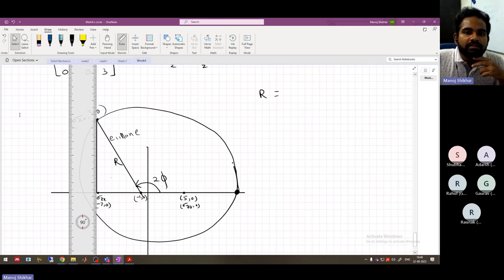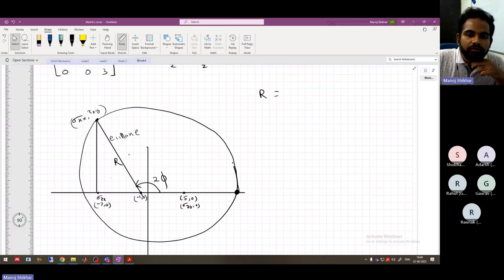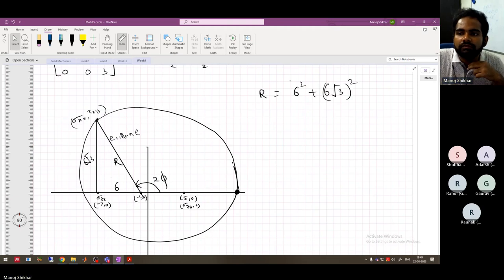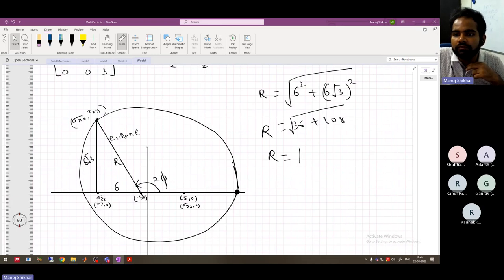To find the radius, you can use the Pythagoras theorem. You know this is 6 root 3, and you know this is minus 1 minus 6, so this is 6. So the radius is the square root of 6 squared plus 6 root 3 whole squared. So it is the square root of 36 plus 108. So R is the square root of 144. Radius is 12 units.